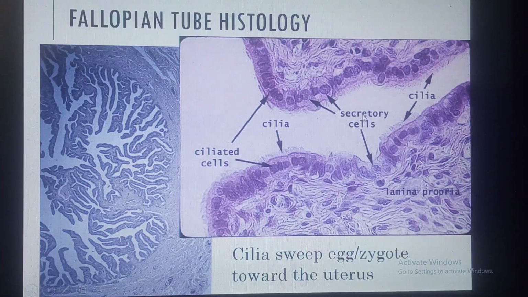But these PEG cells, or the secretory cells, which are going to help nourish the pre-implantation embryo, or of course the oocyte as it travels along, the secretory cells will be increasing along the length of the uterine tube towards the uterine region, the isthmic part, and of course to the intramural part.